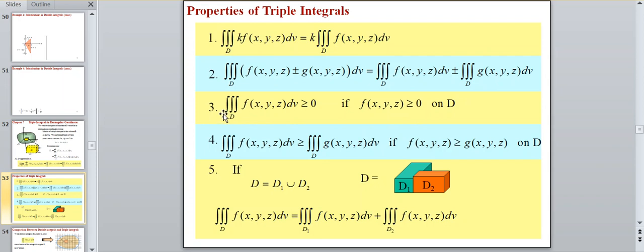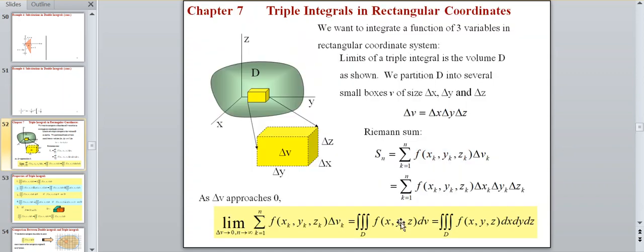This one is interesting. Number 3. If f on D is non-negative, it means the values of f on D are non-negative, then the integral of f dv on D will be non-negative. It's quite easy to understand, because look here, the integral of f is defined to be the limit of Riemann sums.